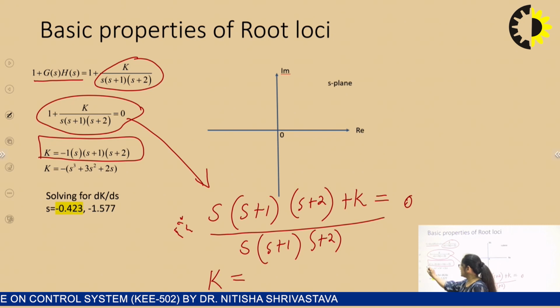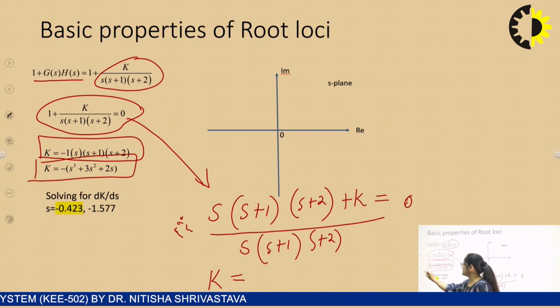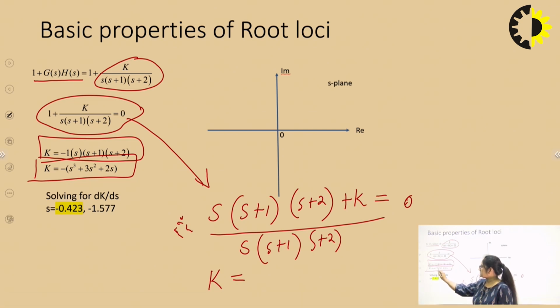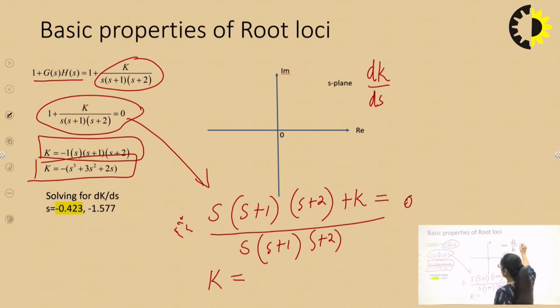So solving this, we get k is minus taken as outside, and the complete third order polynomial comes out to be s cube plus 3s square plus 2s. Now this is k.